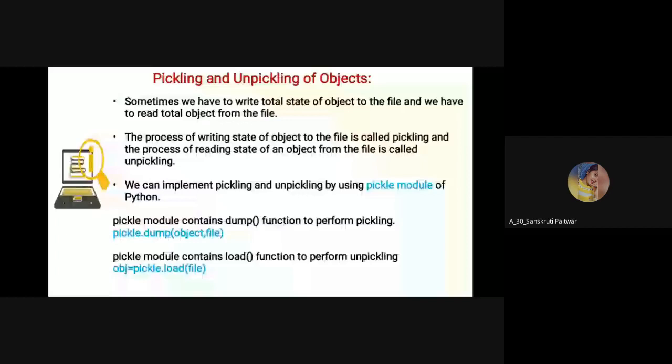Instead of sending the whole class, you can send just a file where you have written the state of the object. The programmer will read that state and can create that object again. For this purpose, we require serialization and deserialization, or pickling and unpickling. Do you get this point?